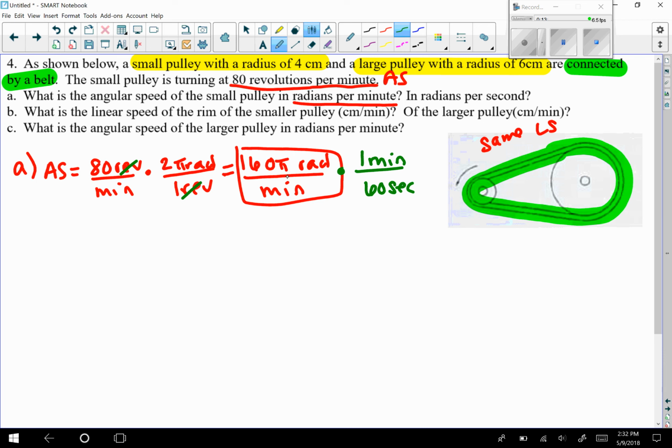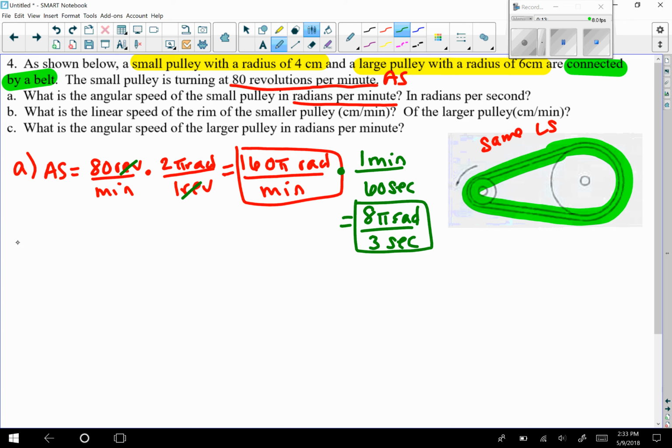So when I do that, 160 over 60 is going to give me 8/3, and don't forget that pi. So that would be 8 pi radians per 3 seconds. If you wanted to figure out per 1 second, you could just divide the 8 pi over 3, or 8 pi divided by 3.